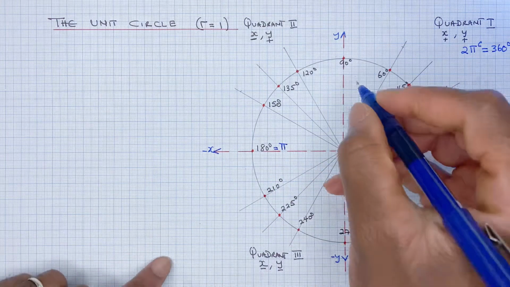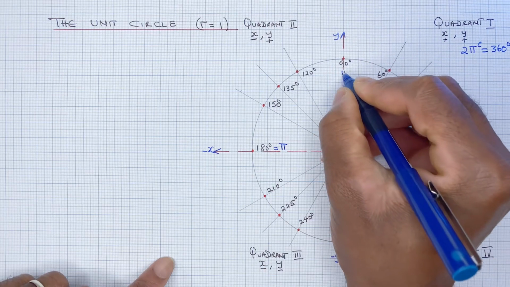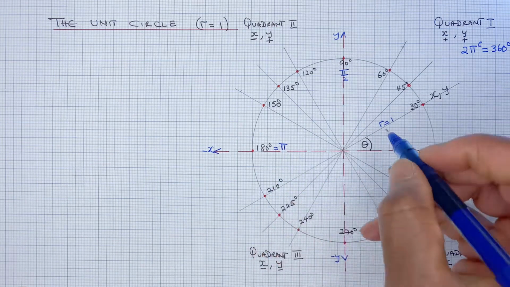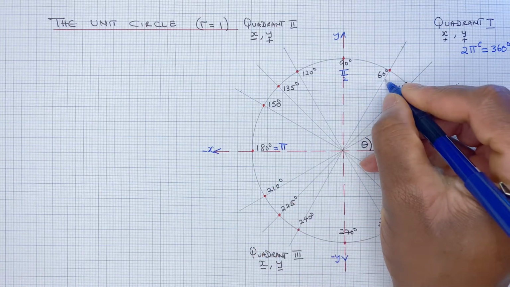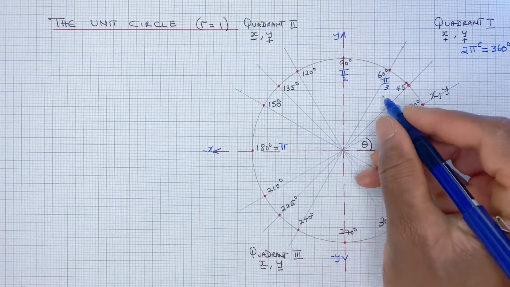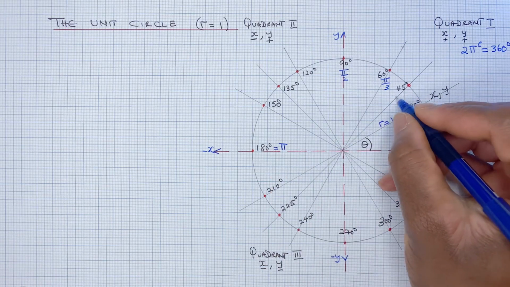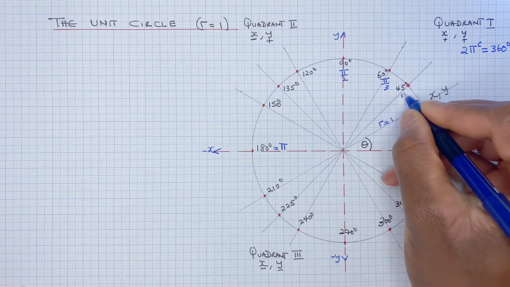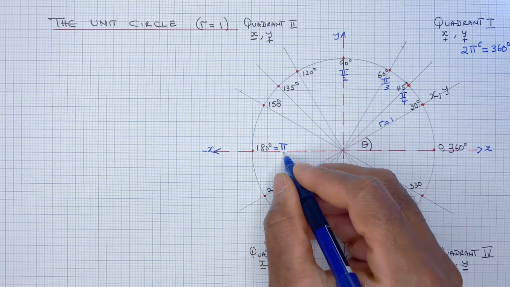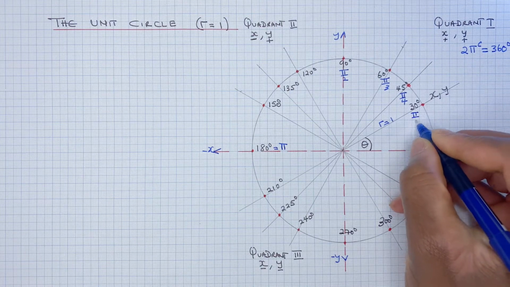If that's the case, 90 is going to be pi over 2. If 180 is pi, 60 is going to be pi over 3. Just divide 180 by 3, you get 60. Divide 180 by 4, you get 45. So 45 is pi over 4. Divide 180 by 6, you get 30. So 30 is pi over 6.